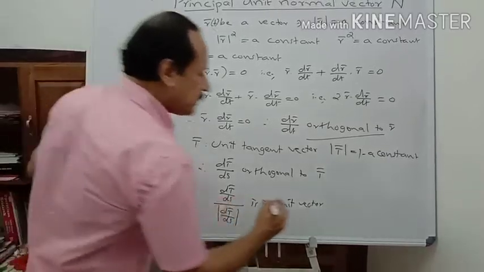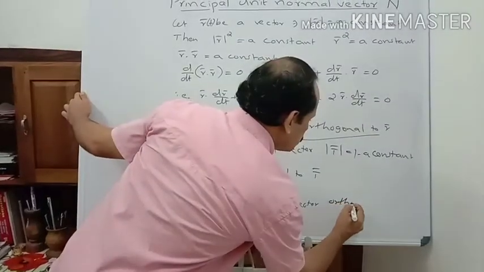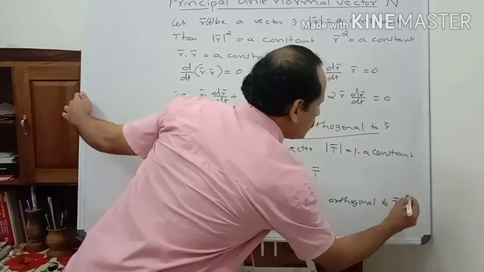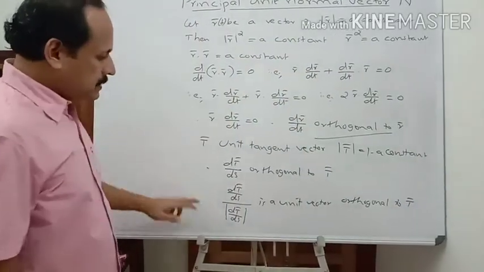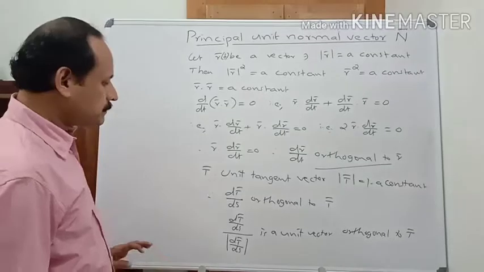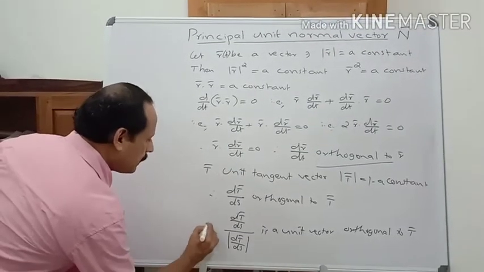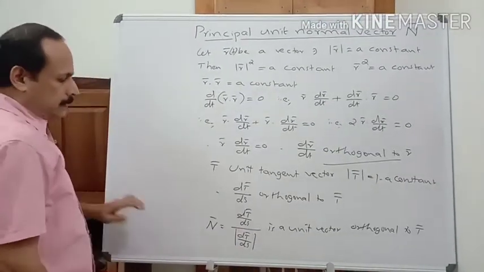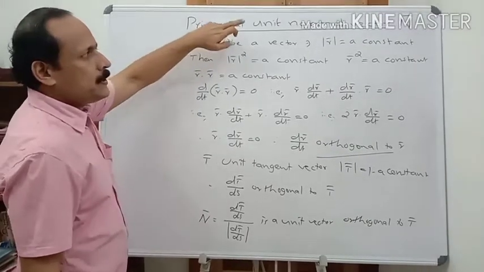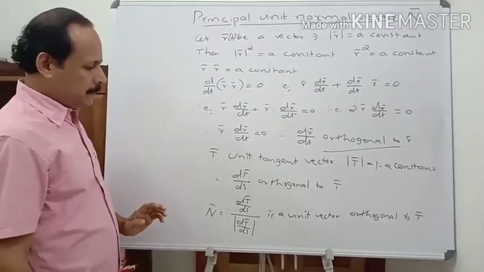This is a unit vector orthogonal to t bar. And this unit vector which is orthogonal to t bar is denoted by n bar, and that is called the principal unit normal vector.